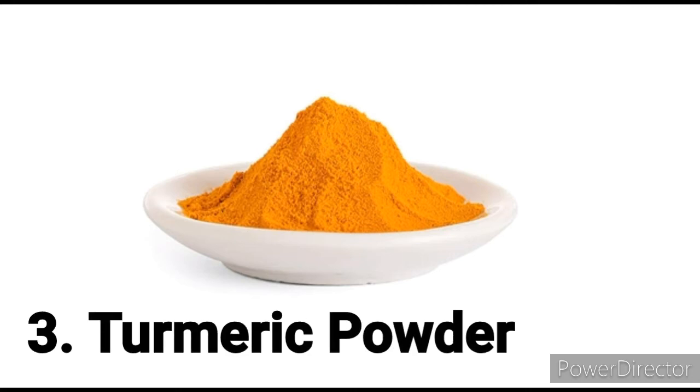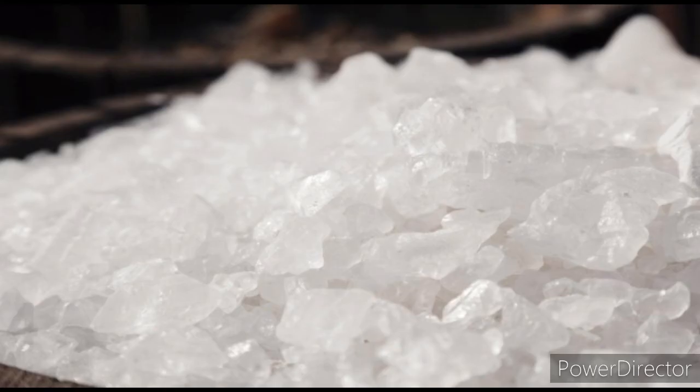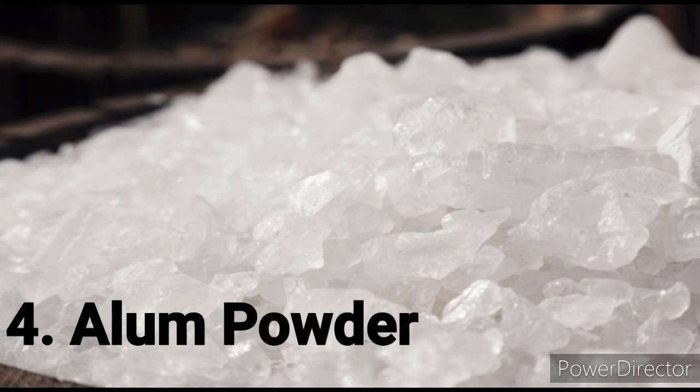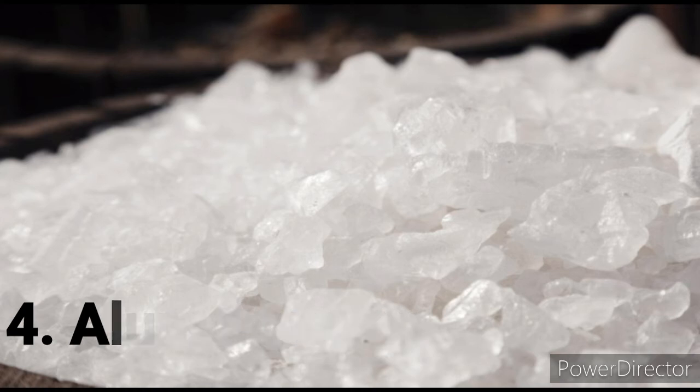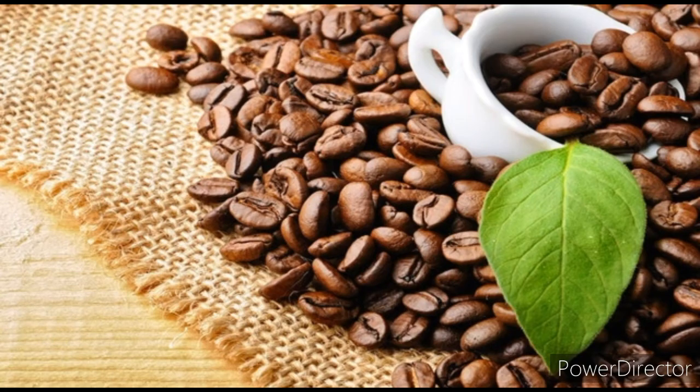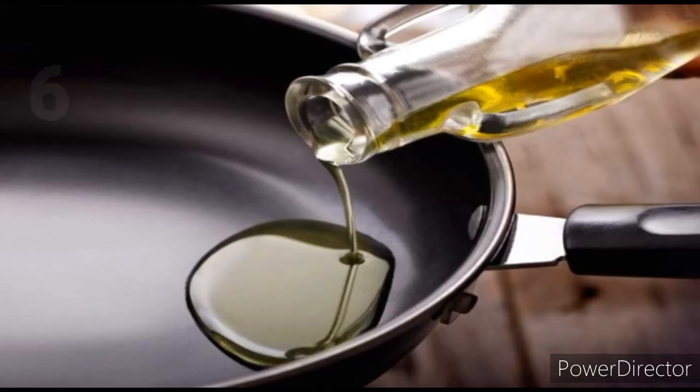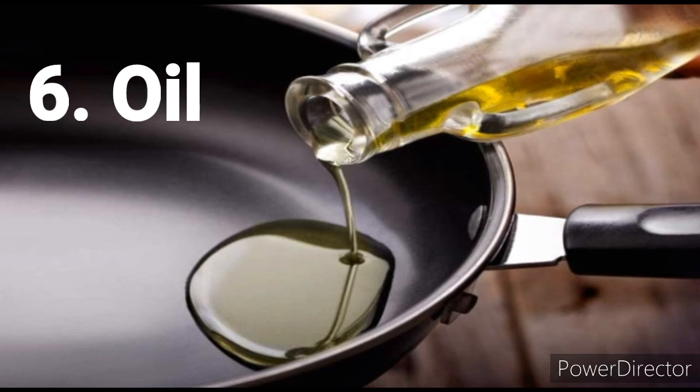Next, third one, turmeric powder. Fourth is alum powder. Alum, you have to take the powder of alum. Fifth, coffee powder. Sixth is oil, which is used for cooking.